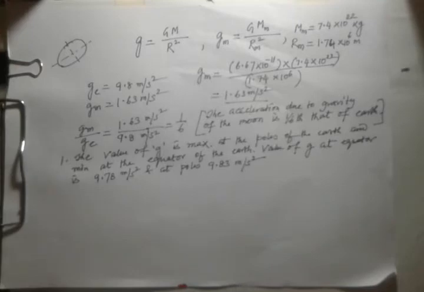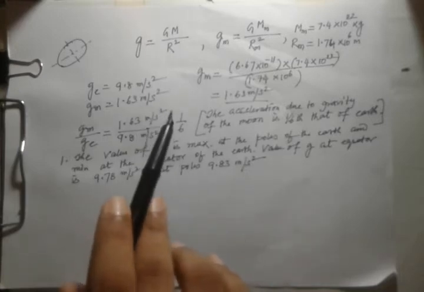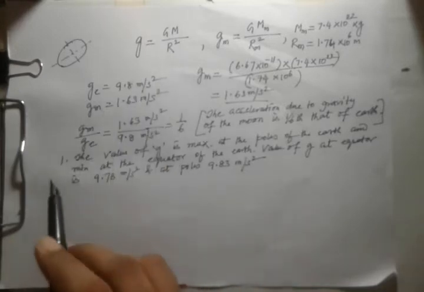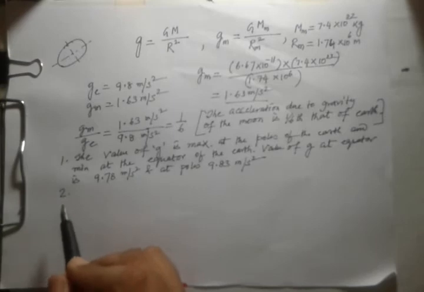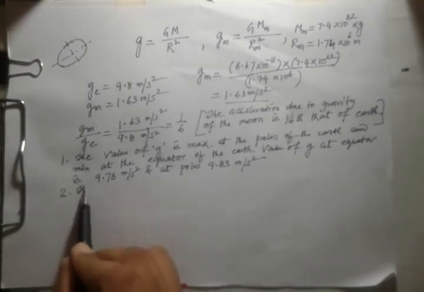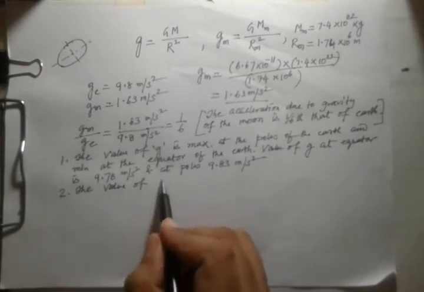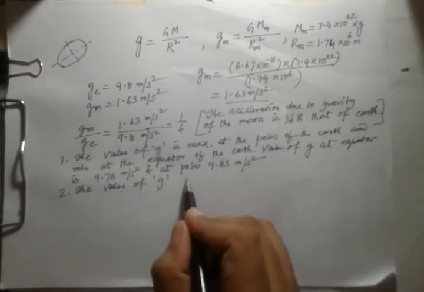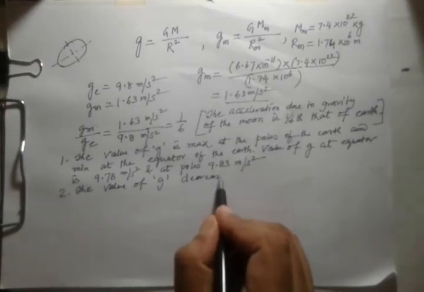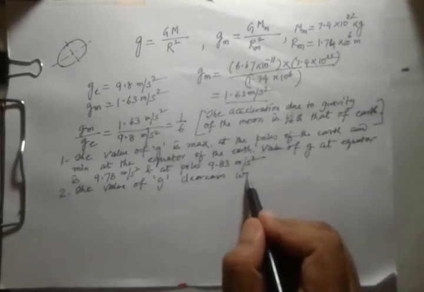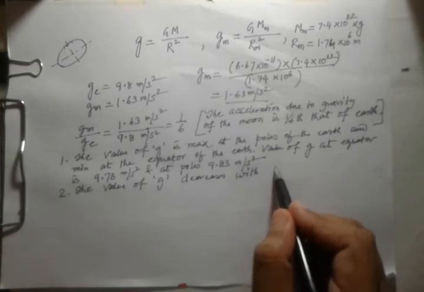Okay, so next one is the value of acceleration due to gravity decreases with the height. That means if the height increases, the value of g will decrease. You can understand the r value will increase, so the g value will decrease. So you can write point number 2, the value of g decreases with height.